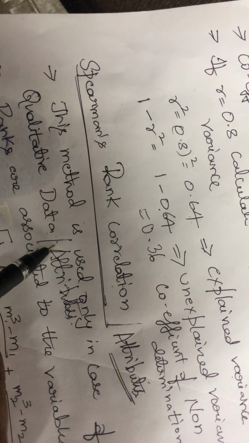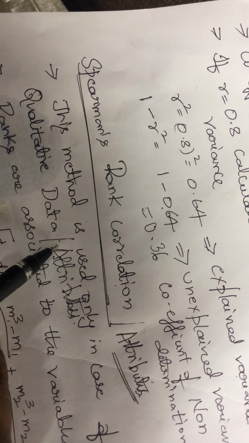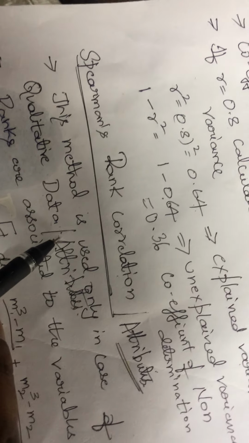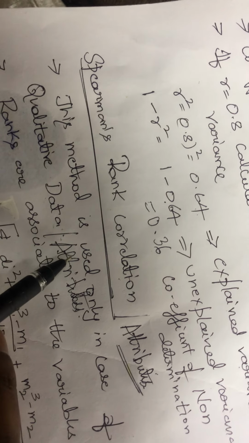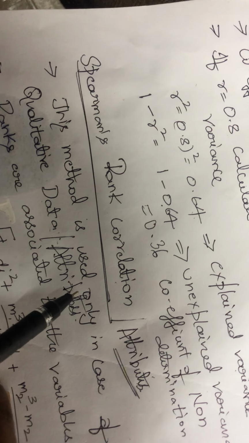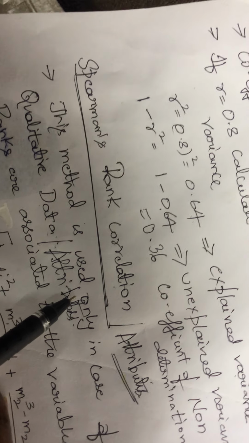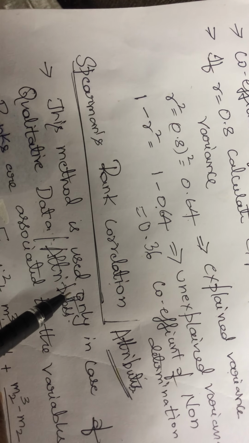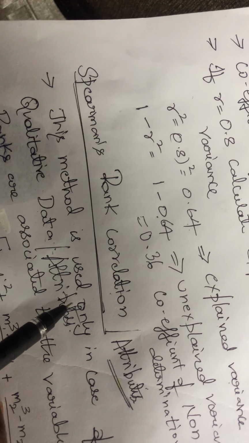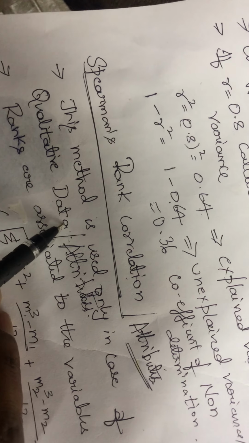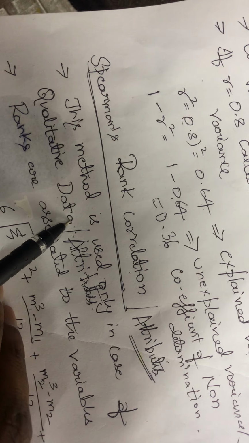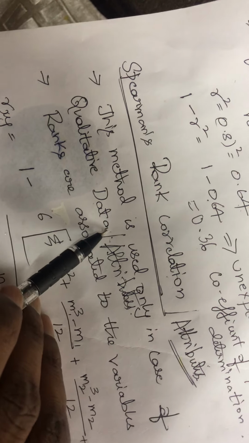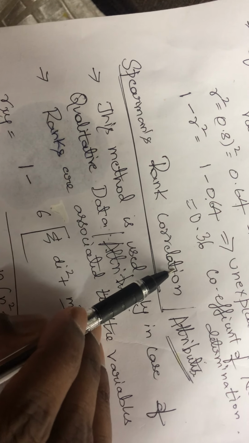Suppose I give ranks given by two judges in a beauty contest. We cannot say 100% beautiful or 90% beautiful. We have to give a rank, that's all. It cannot be expressed in terms of numbers. As it is not expressible in numbers, it is qualitative in nature, and we use Spearman's rank correlation.